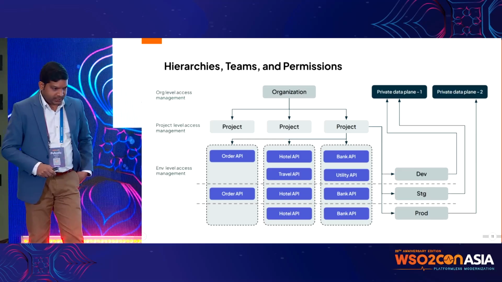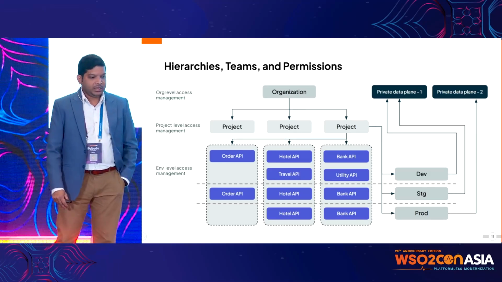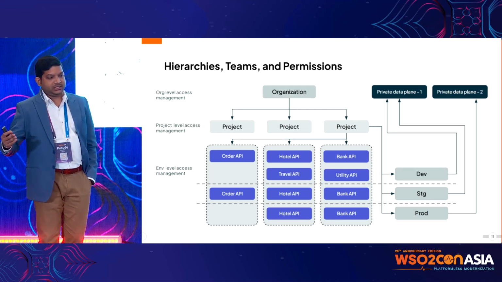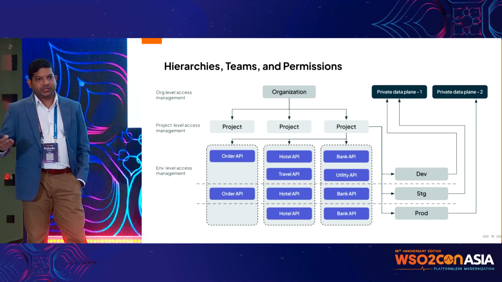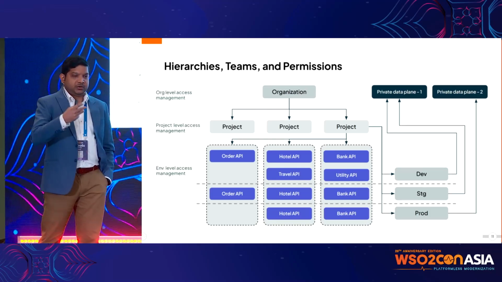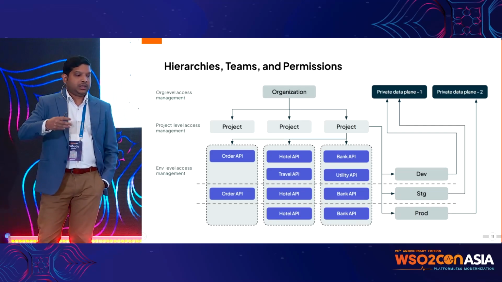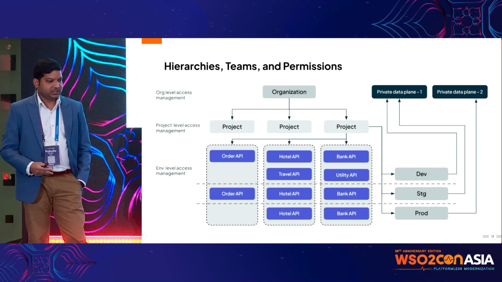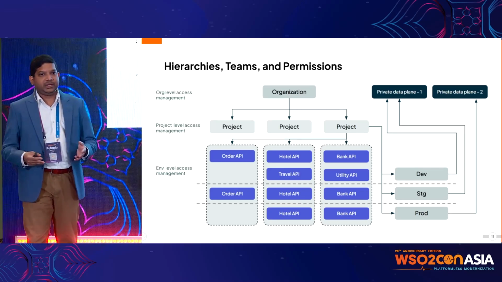Right, so let's look at how hierarchies, teams, and permissions map. At the root level, you have the organization, then you can have different projects. These projects can be based on your departments, your functionalities, or the way you define your projects. Within a given project, you can manage your APIs.